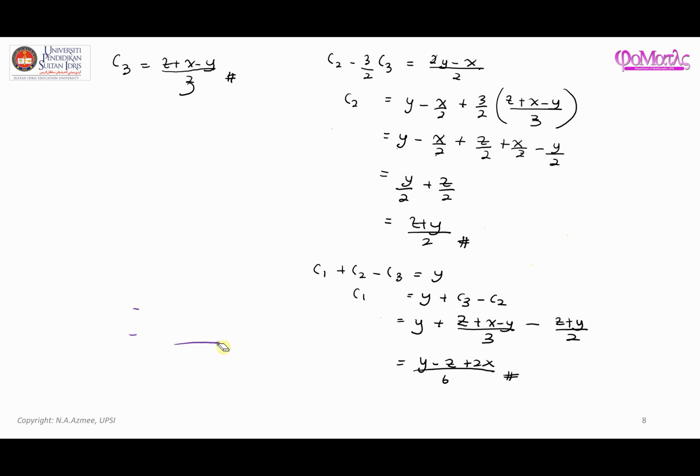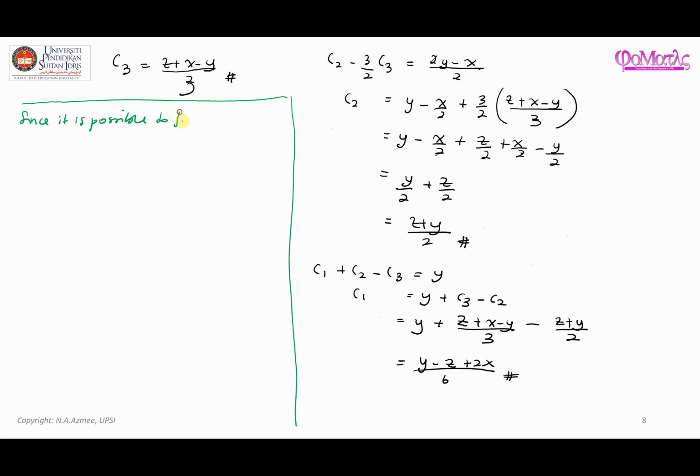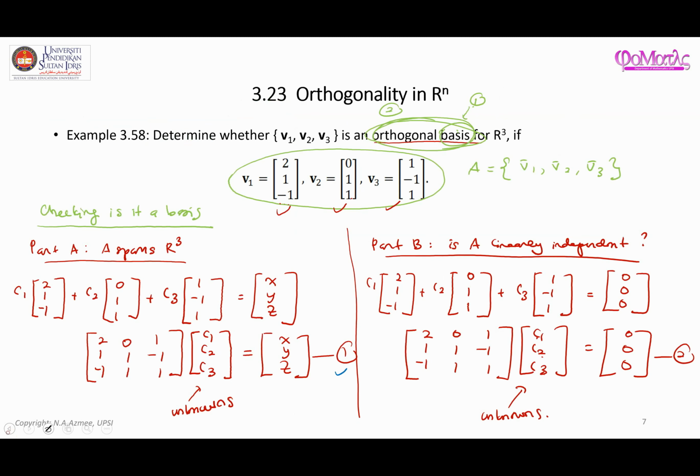Since we have managed to get the values of C1, C2, C3, therefore we can consider writing the linear combination as such. Since it is possible to find the values of C1, C2, C3, now we are going to substitute C1, C2, and C3 into this linear combination here.